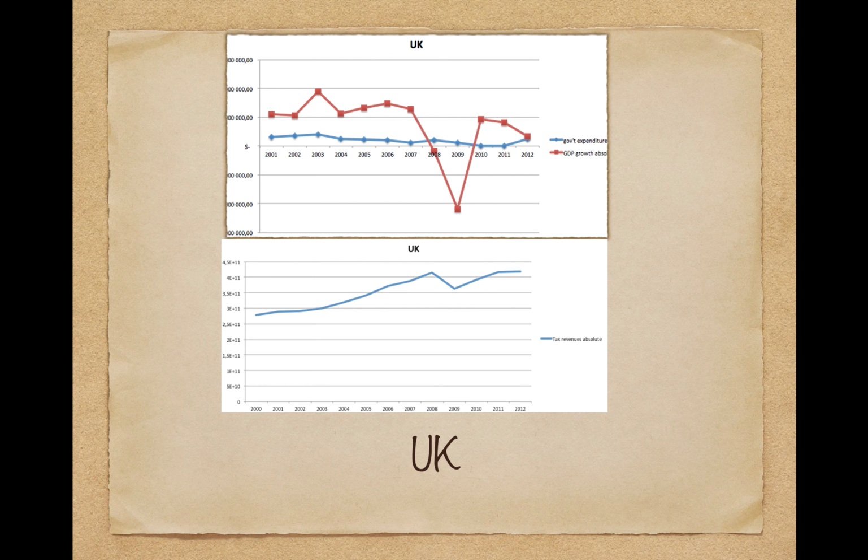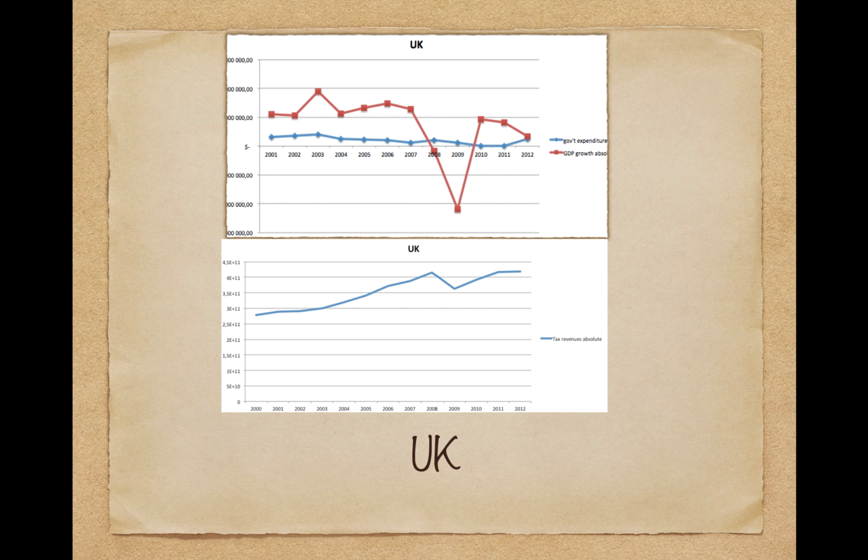Here we have a graph that shows government expenditure increase or decrease, which is represented by the blue line. We're talking about the United Kingdom here, and we have data from 2001 to 2012. The red line is the growth in GDP, and these are all absolute values.